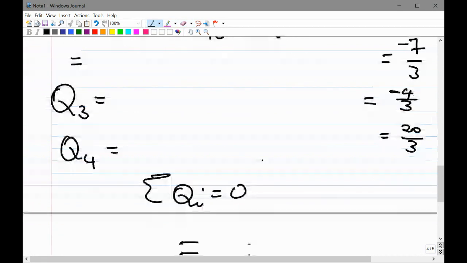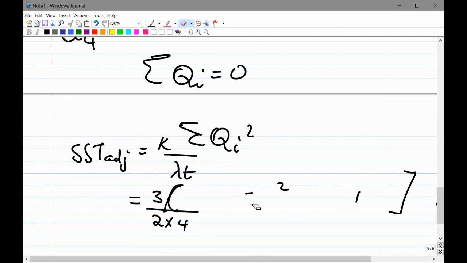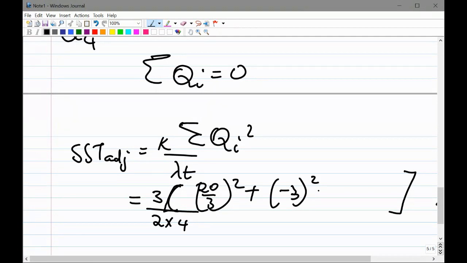So now let's move. Even these ones need to be corrected. So what is the answer here? I have 20 over 3 squared plus negative 3 plus negative 4 over 3. Is it negative or positive?